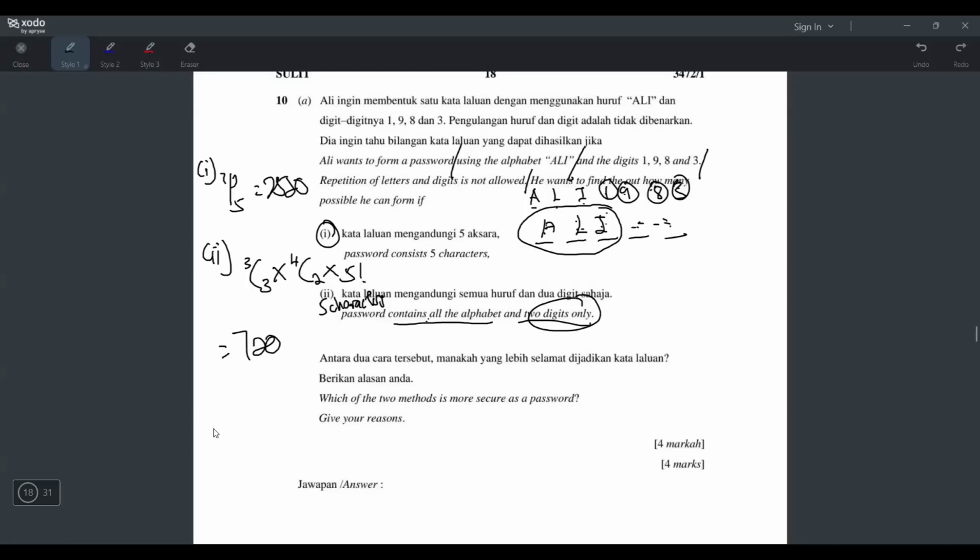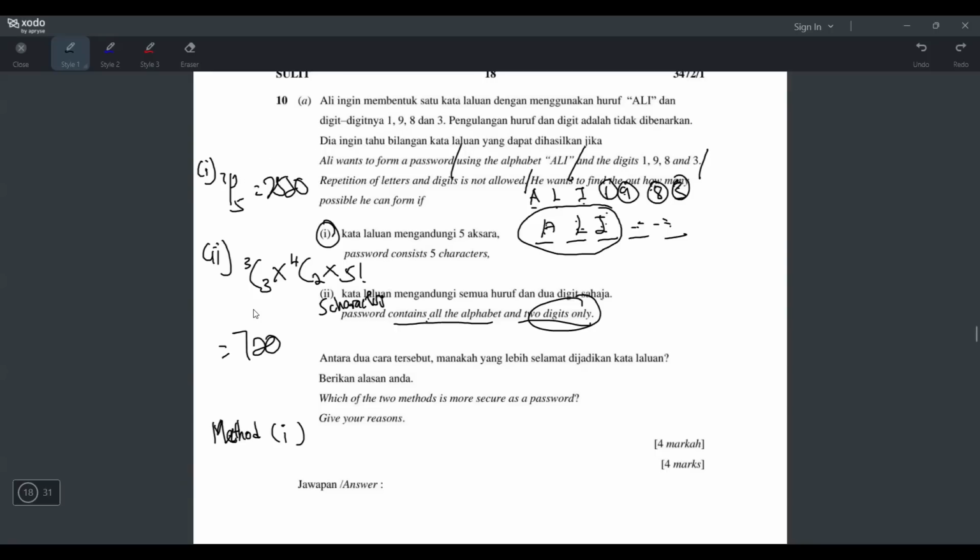So I would just say, method one or method two? More secure means more number of ways. So method one. If you have more number of ways, it's less likely for people to guess your password because there are so many ways, right? 2520, right?